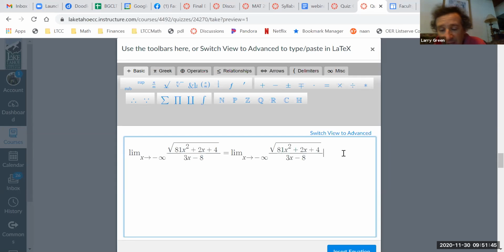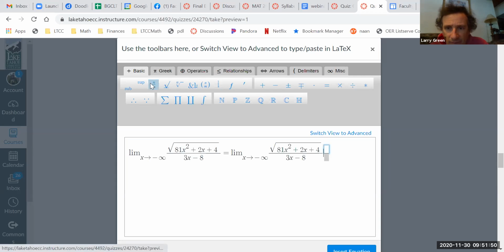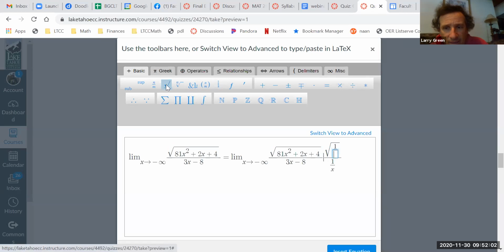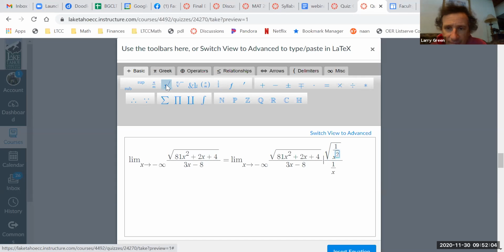So we're going to multiply top and bottom. The denominator is going to be 1 over x. What's the problem with the numerator being the square root of 1 over x squared? There's an issue. Why can't I do what I just did?